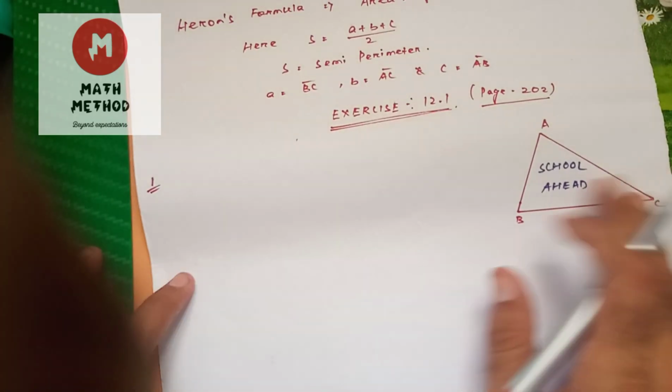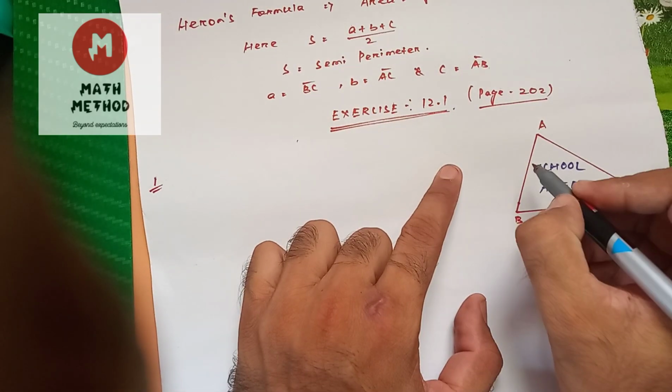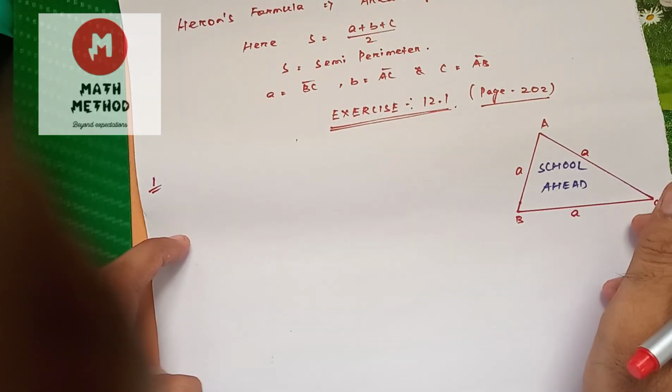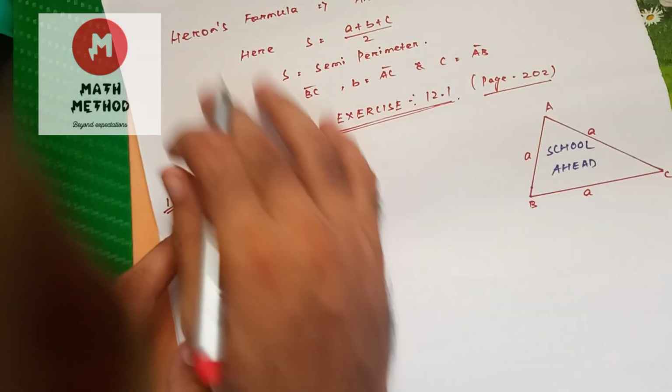Now it is given that ABC is an equilateral triangle whose sides are a.